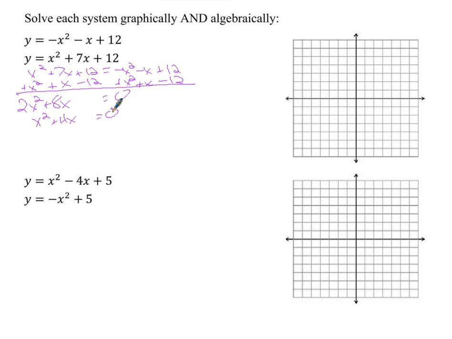I've divided out the GCF completely. I divided everything by 2. What should I do now? I'm trying to solve for x. You want to complete the square? How about I just solve for x? I don't want to complete the square. I don't want to use the quadratic formula. I want to factor.